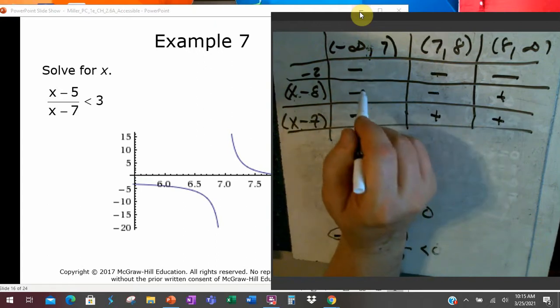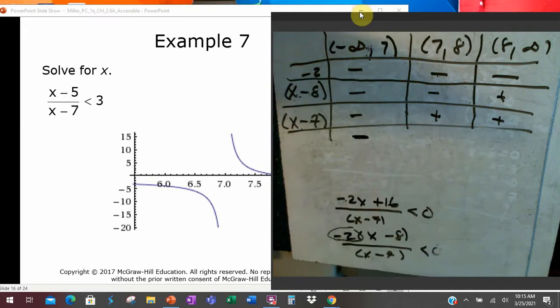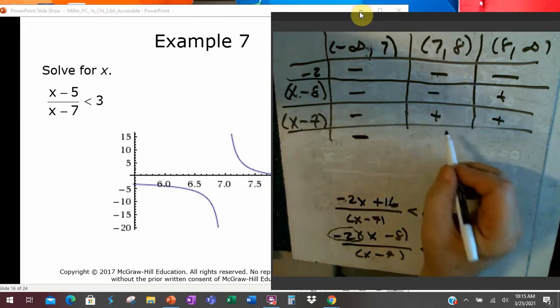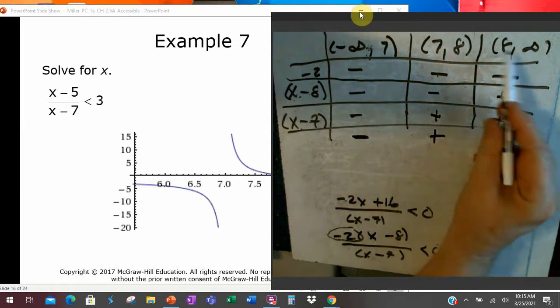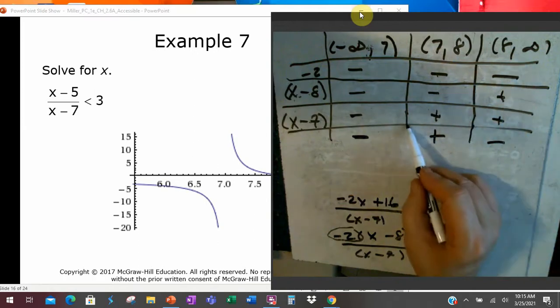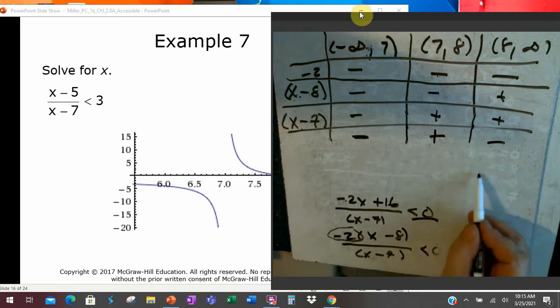I've got a negative, negative, negative. This interval is always going to be negative. In this interval, it's always going to be positive. In this interval, it's always going to be negative. Okay? And now I just have to ask myself, what are they asking? This was going to be basically less than 0 once we finish this up.